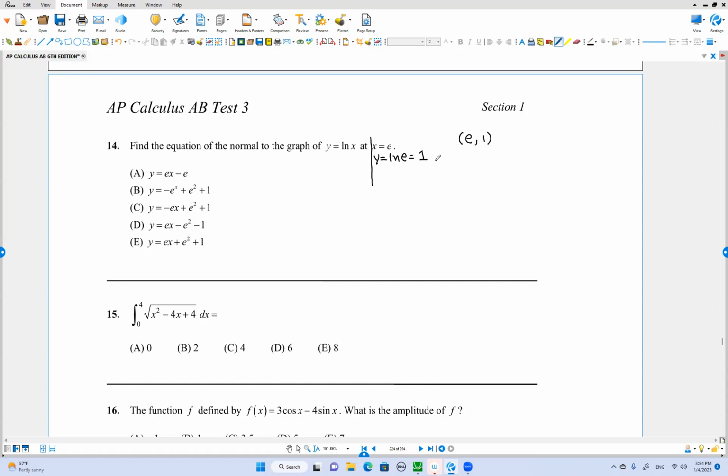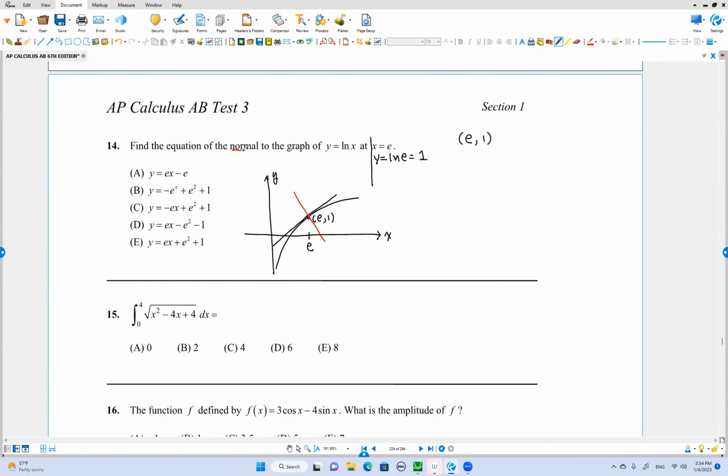That's the point. So the graph over here, the ln x graph, looks like this one. Okay? When this is e, this point is what? e, and height is 1. Okay? That's the graph. We're going to find the equation of this tangent, but the normal is what? Perpendicular to this tangent, same point.